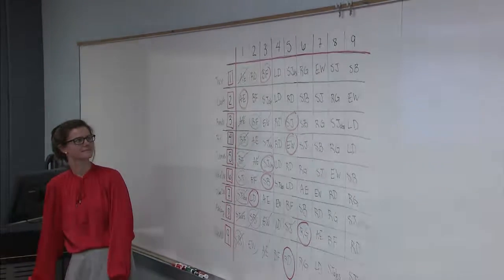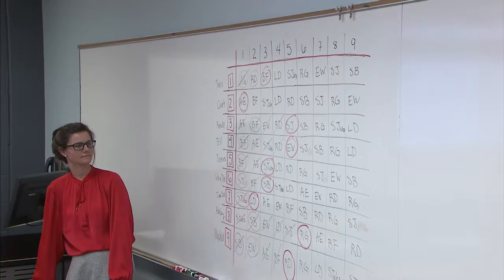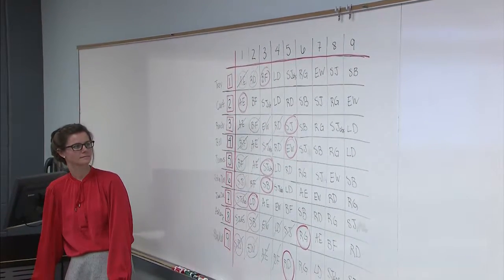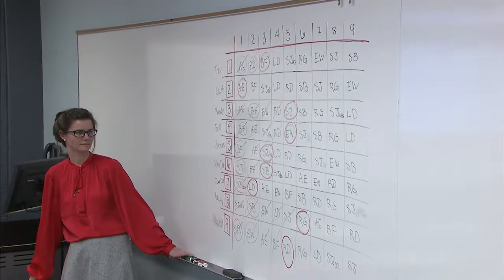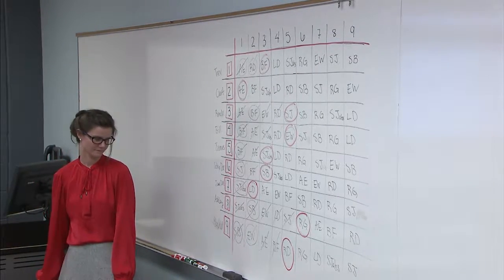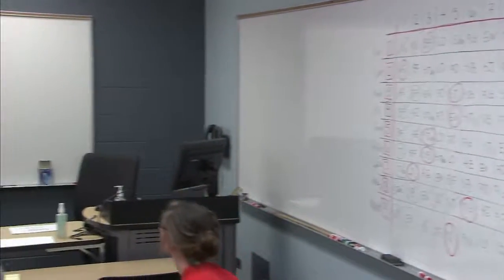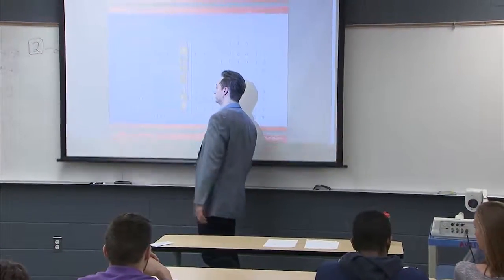John Doe number 6, matched to Sandra Bullock. John Doe number 7, matched to Leonardo DiCaprio. Ashley gets matched to Ryan Gosling, and Rachel gets matched to Robert Downey Jr. So that's essentially how our Gale-Shapley algorithm works.